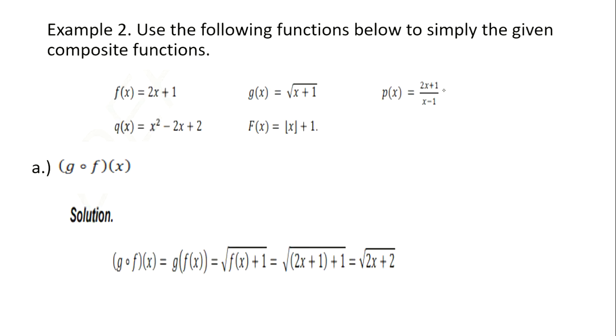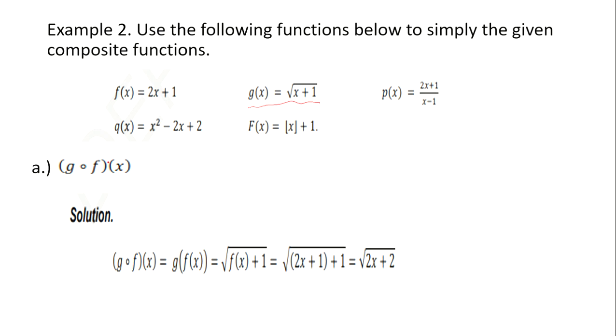For example number 2, we have two examples here. We have the functions here and solve first for letter A, g of f of x. The value of g here is the square root of x plus 1. Take note that we have f here, so we have to insert f.